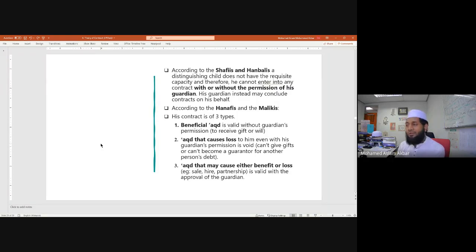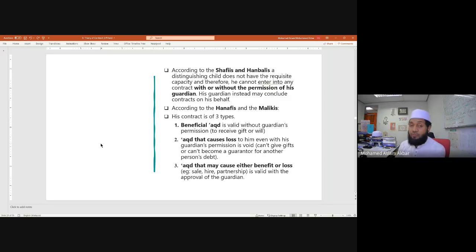There is only one kind of contract where there is no loss at all, which is receiving the gift, receiving the will, or receiving the inheritance. These are what we call beneficial transactions, for example when they come to your birthday and give you a gift, the presents. So you don't need your guardian's permission when you are receiving your gift.